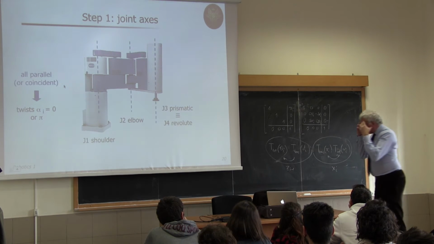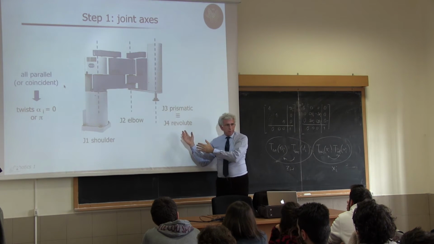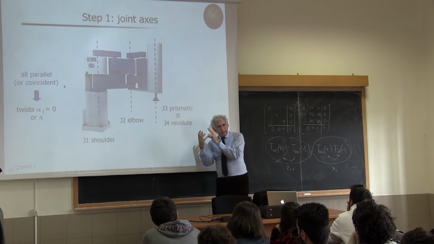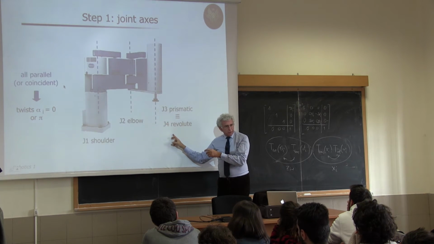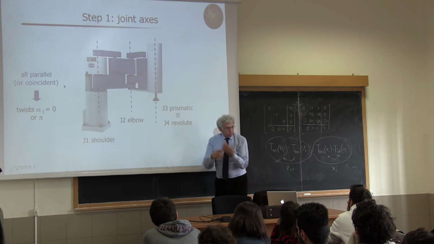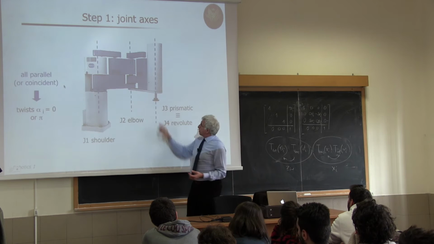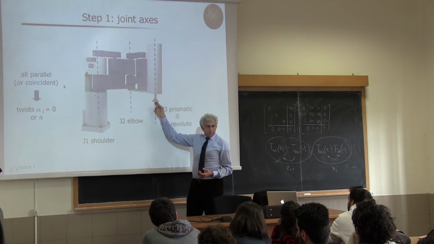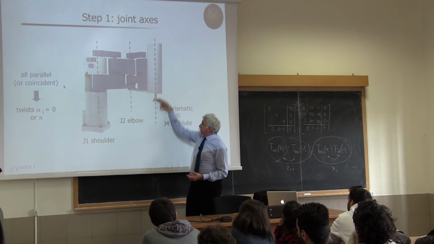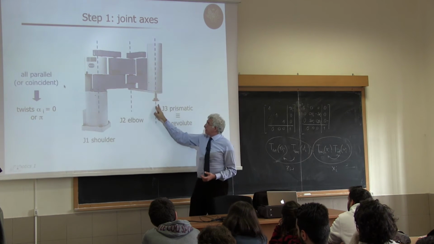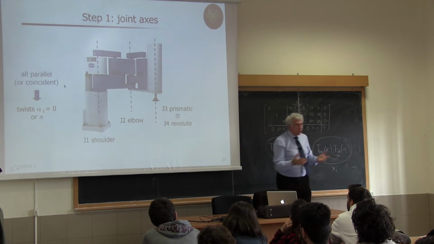So I should say, if a joint is labeled before another one, it means that there's some link which is moved by this joint, but not by the 4th. Otherwise, it would be the opposite. So if I'm rotating joint 4, this is rotating. If I'm translating joint 3, this is going up and down, but this is not rotating, so this comes after.